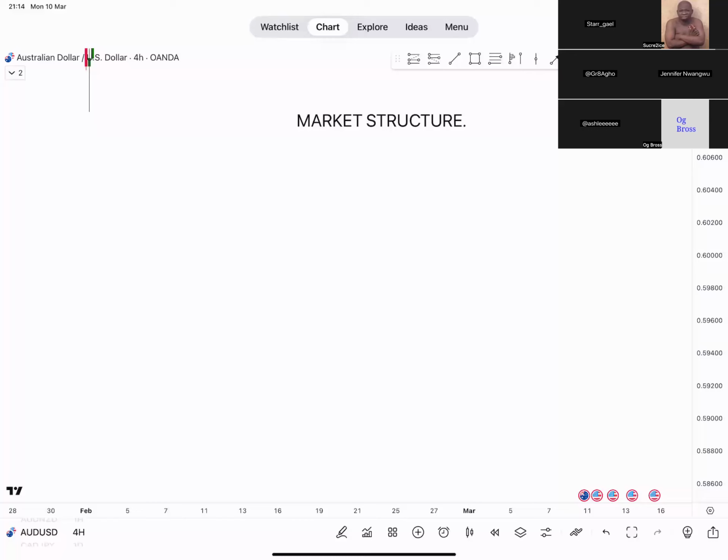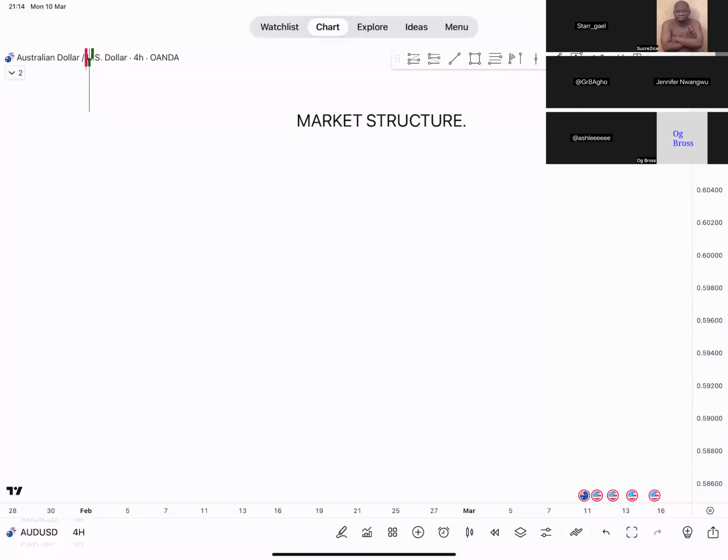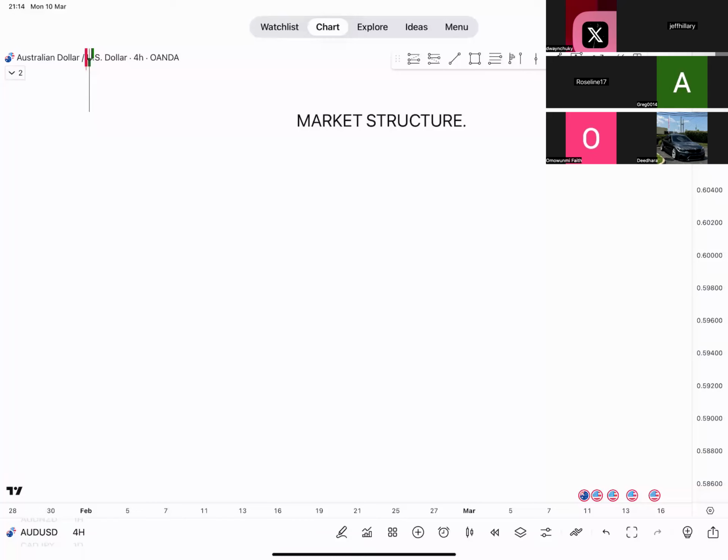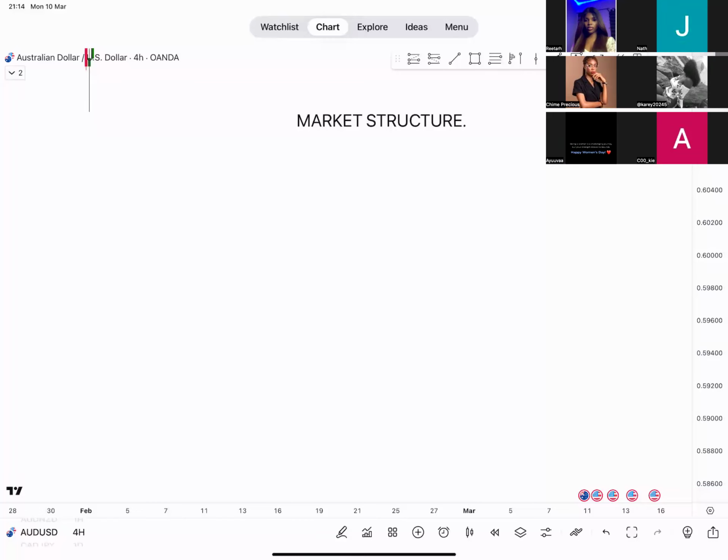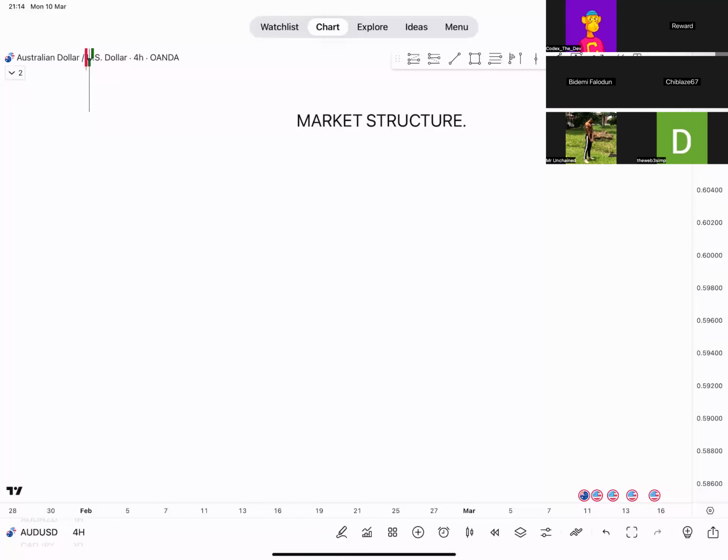We're going to be having an introduction to market structure today, right? Before I start, it's very, very important that I lay emphasis on this market structure and what you should expect.